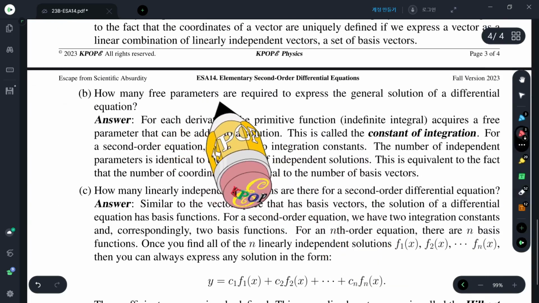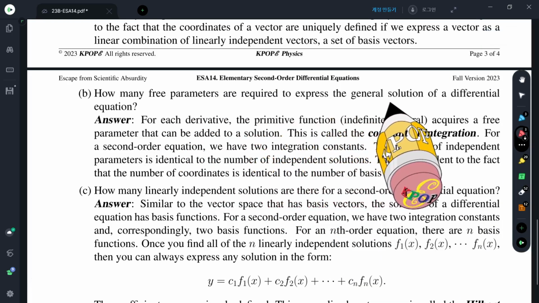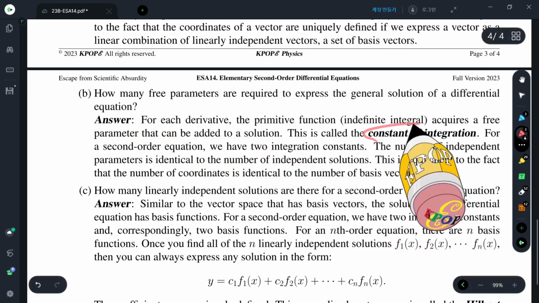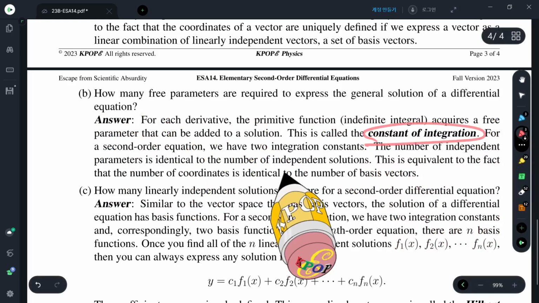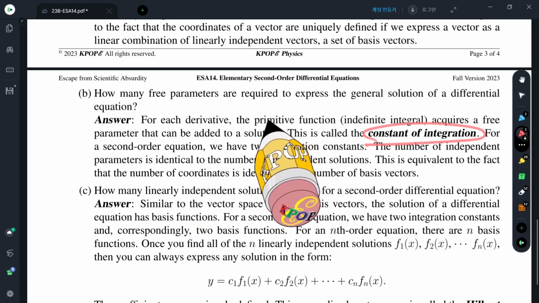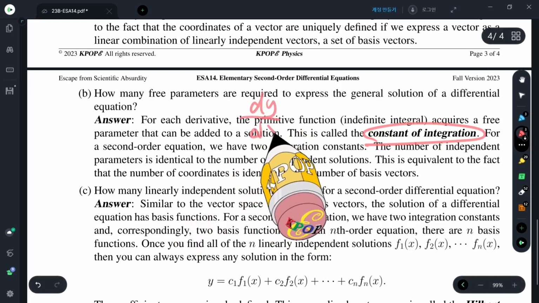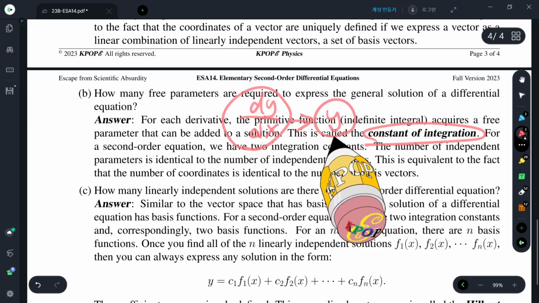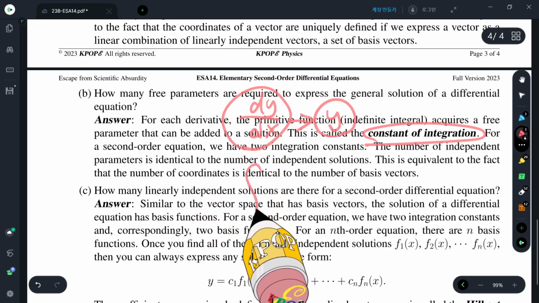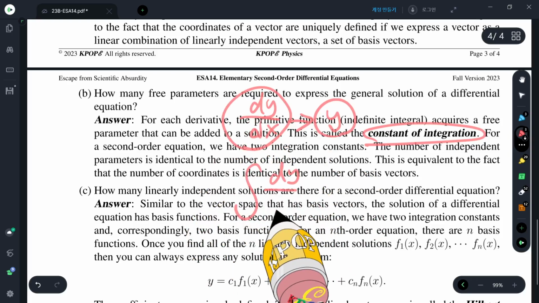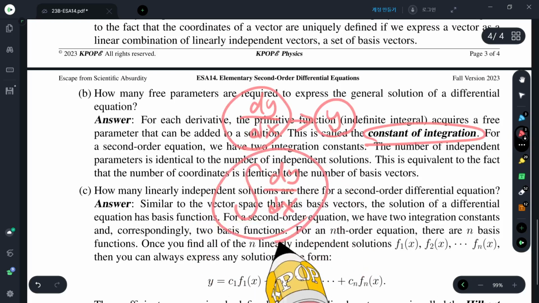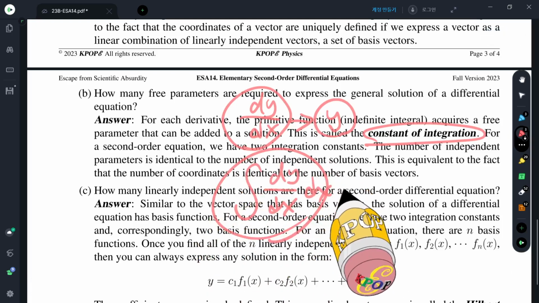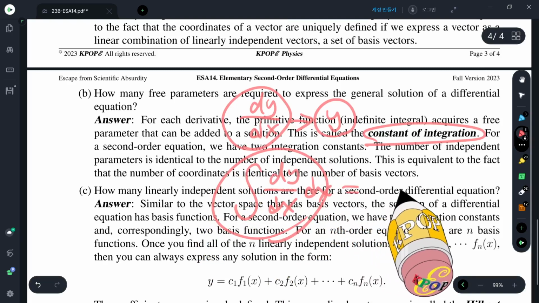How many free parameters are required to express the general solution of a differential equation? We have a constant of integration for each integral. If I want to express this derivative as y, you need to integrate. If you integrate over x, you will find this value is free.